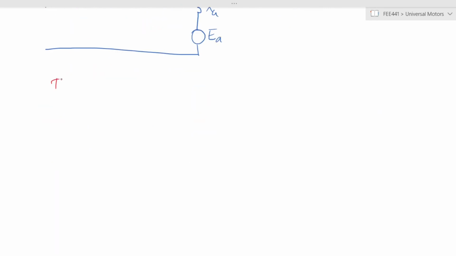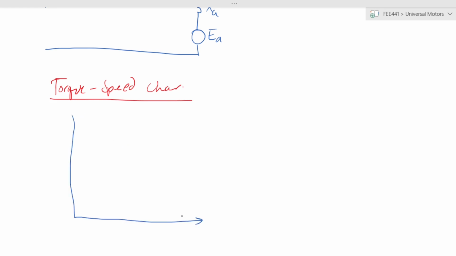So now let's talk about the torque speed characteristic of the universal motor. You will have an initial torque which is very, very high, and it will get lower as the speed tends to be reached. So you have that kind of characteristic of the relationship between the torque at the beginning, or at zero speed, and the torque at full speed.